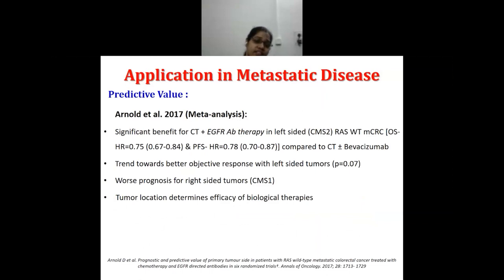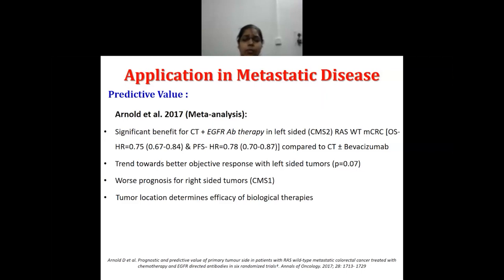In 2017, a meta-analysis was carried out by Arnold et al., and they included 6 randomized controlled trials. The result was that significant benefit was found for the addition of EGFR antibody therapy to chemotherapy among the left-sided tumors, which were CMS2, RAS wild-type metastatic colorectal cancers, as compared to the chemotherapy alone group with or without bevacizumab.